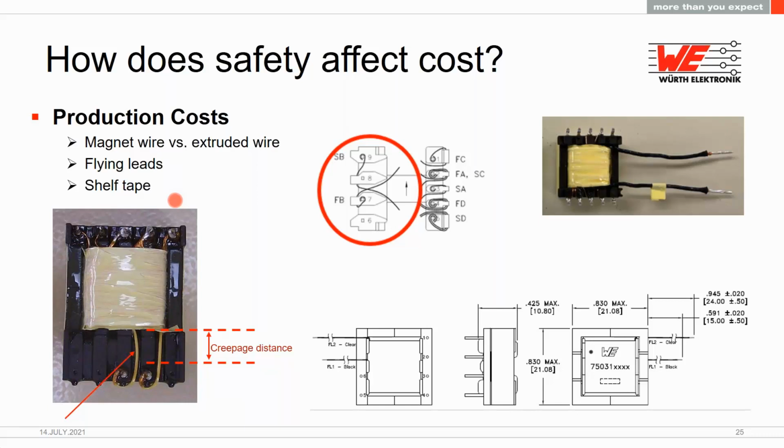This means additional operators are needed in production to manually apply the shelf tape. And as we discussed, this can easily be 10 or 20 layers of shelf tape on each side of the bobbin for each winding. This creates more bottlenecks in production that would not be present on a functional design, or the flying lead or extended rail designs. So again, this can add to additional cost to your transformer.